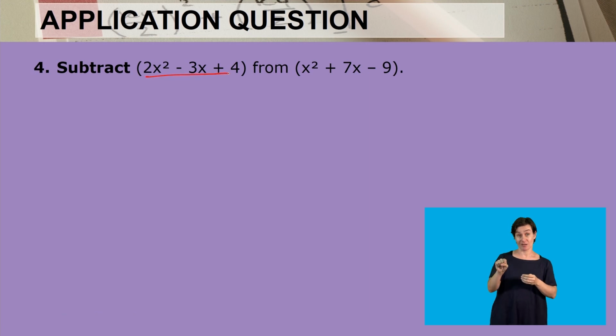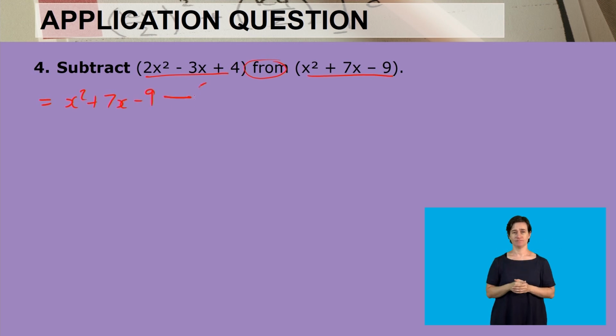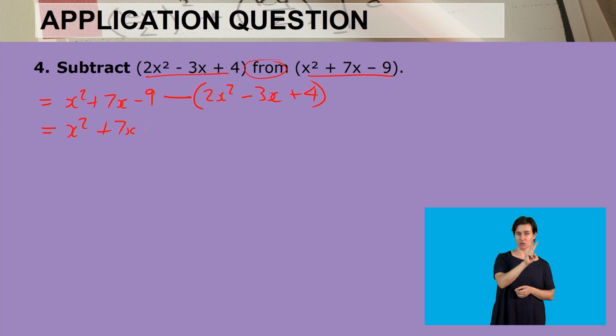Subtracting that trinomial from that trinomial, and we start with the word from. Whatever follows from is the beginning of our expression, so it would be x squared plus 7x minus 9, and then we're subtracting 2x squared minus 3x plus 4. And we then write the first expression as it is, x squared plus 7x minus 9.